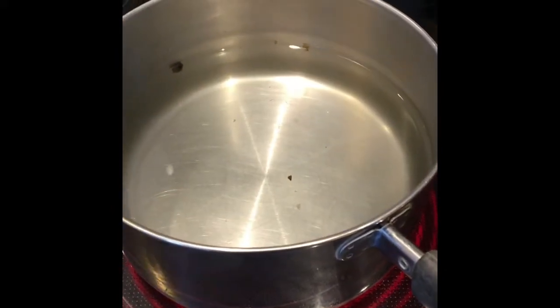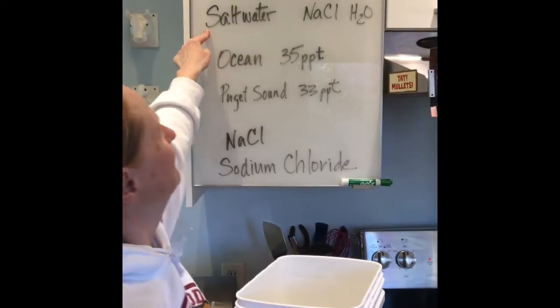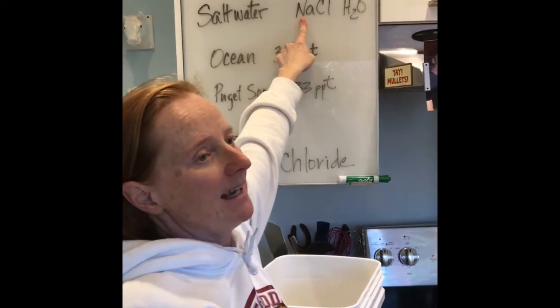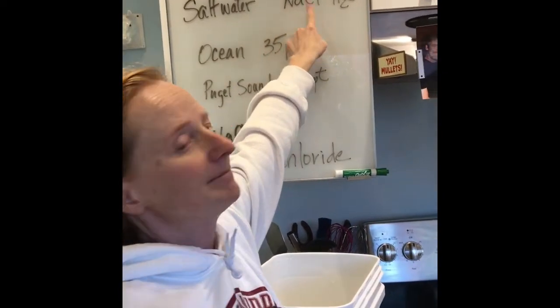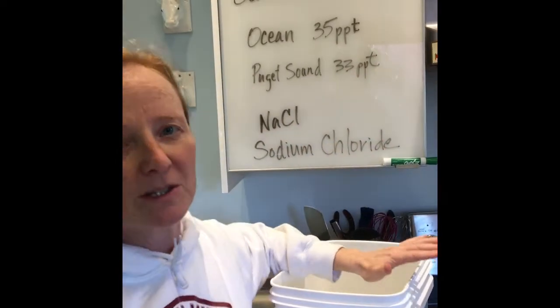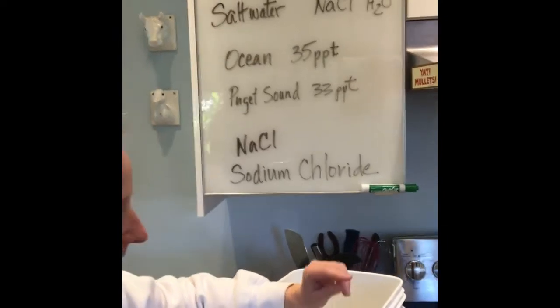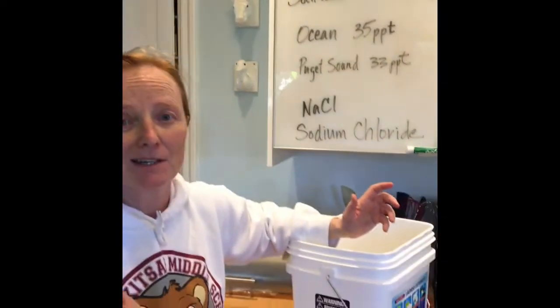So now we're going to do a quick little review over here. Salt water is sodium chloride, NaCl, plus a little H2O. But it also has a whole bunch of other minerals in it, really small trace amounts of minerals, and it also has living organic material too.